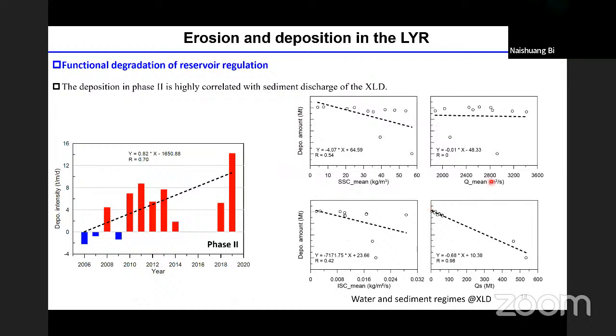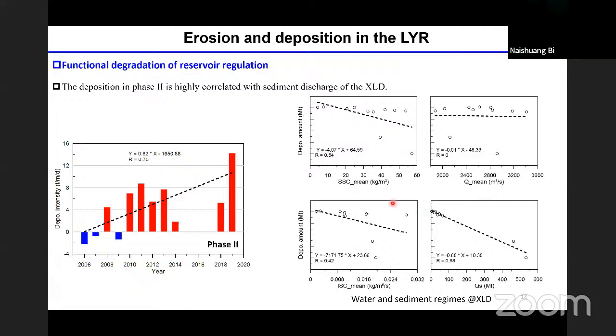Another question that needs to be answered is why the deposition in phase 2 is significantly enhanced in recent years. We established the correlation between the deposition amount and the water sediment regimes.